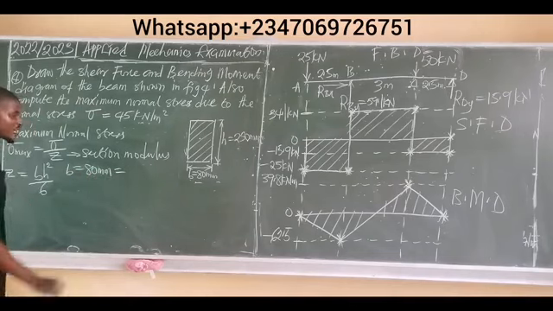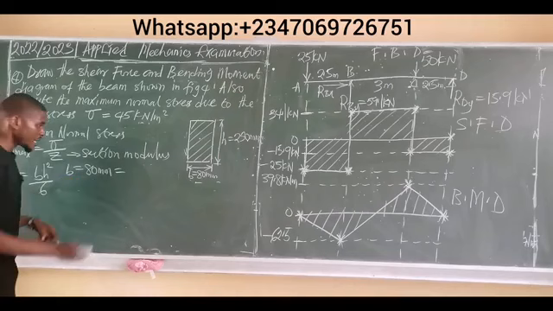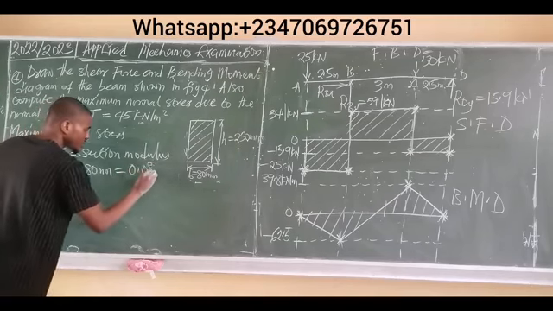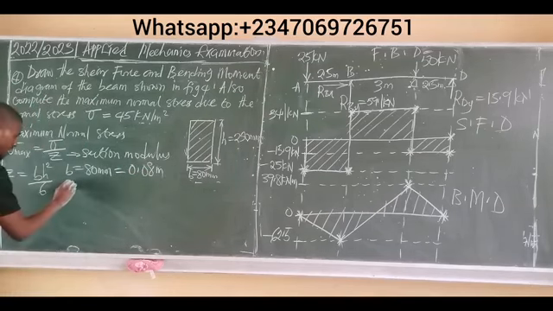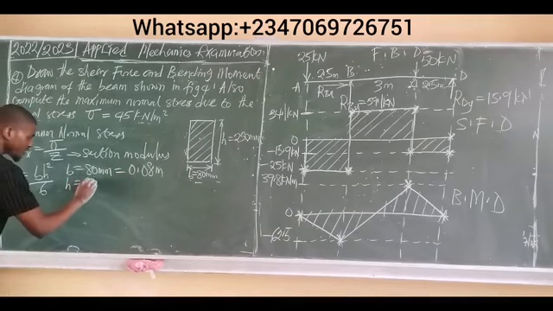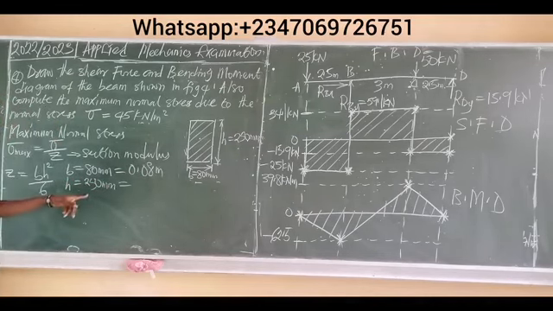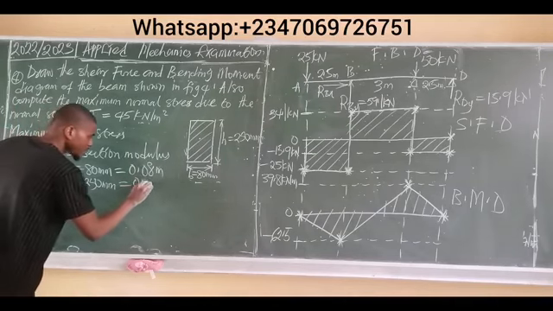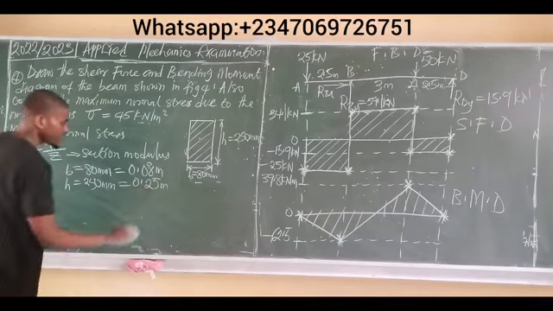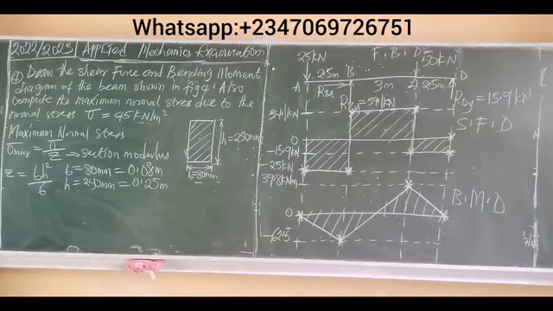We convert this to standard units, meters, by dividing 80 by 1000, and that gives us 0.08 meters. Also, the height or the depth was given as 250 millimeters. Also, you convert this to meters, divide by 1000, and you have 0.25 meters.